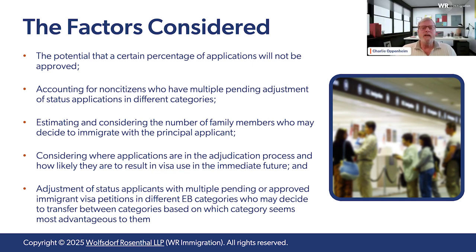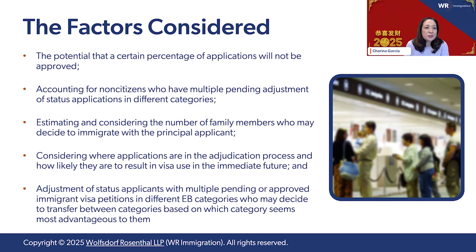You're only going to be charged in one category. The accounting for applicants with potentially multiple petitions is taken into consideration in the assumed return rate of unused numbers, so that accounts for that.